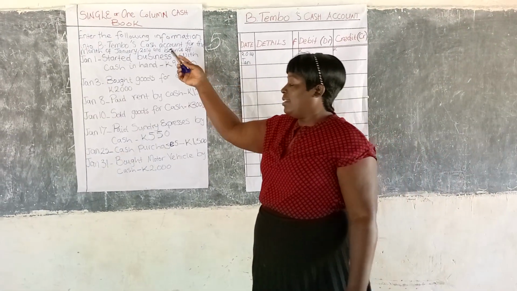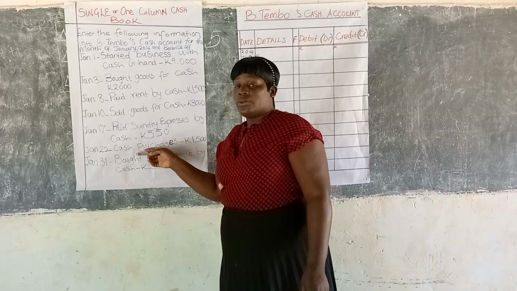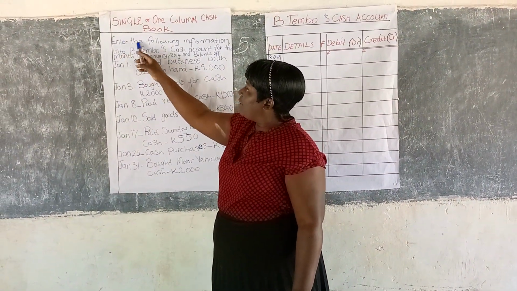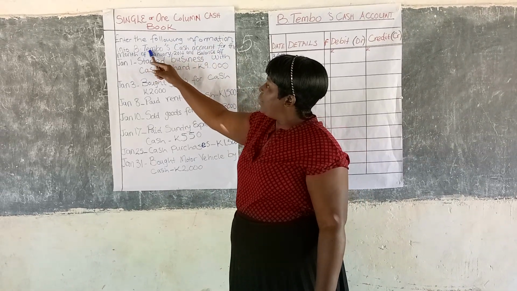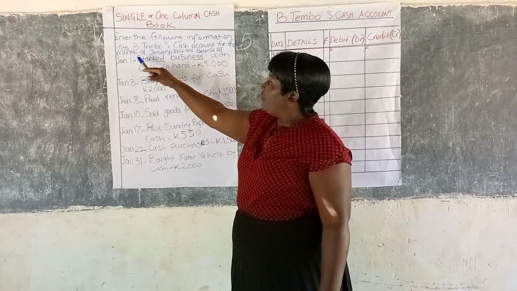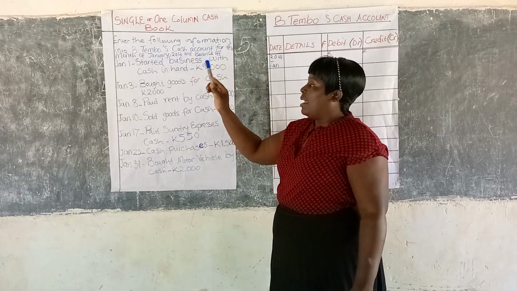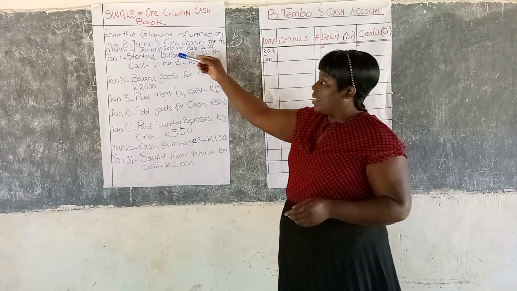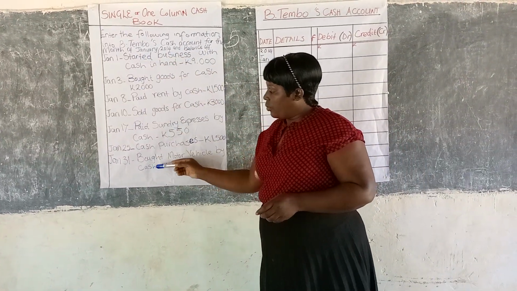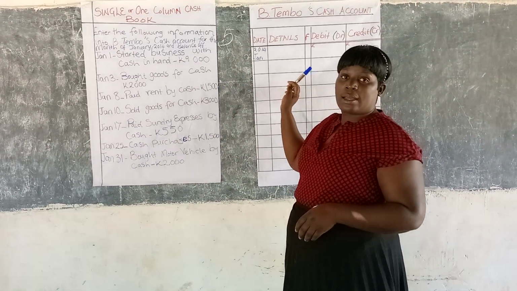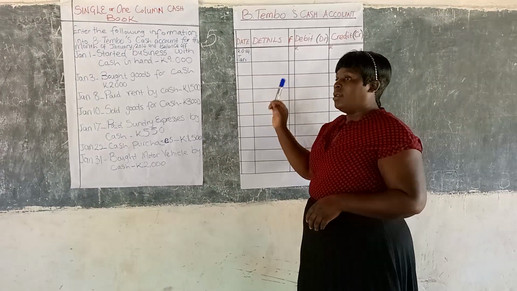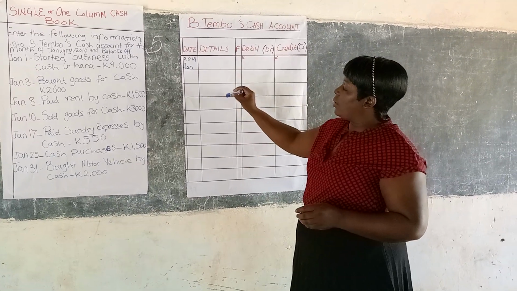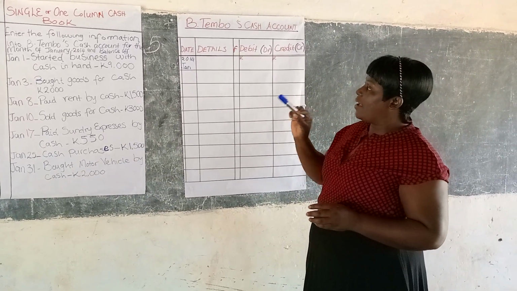Okay, so we have this example that we are going to look at today. It reads, enter the following information into B Tembo's cash account for the month of January 2014 and balance it. So this is our task, and these are the entries that we are going to record in the cash account. So here is the format for the cash account. It has 5 columns.